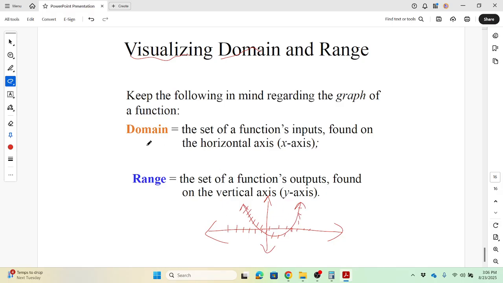That's the domain. Domain means all the x values. Range means all the y values on this graph. Okay, what is a graph? It's a collection of points. So a point has an x coordinate and a y coordinate. All the possible x coordinates, that's the domain. All the possible y coordinates, that's the range.